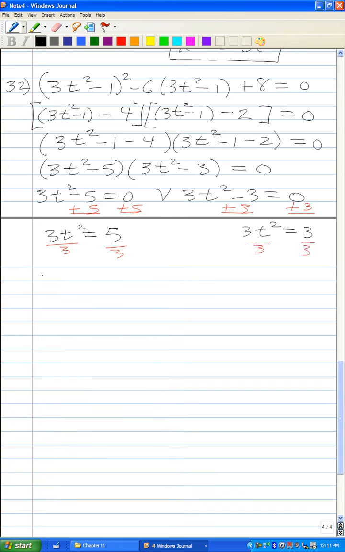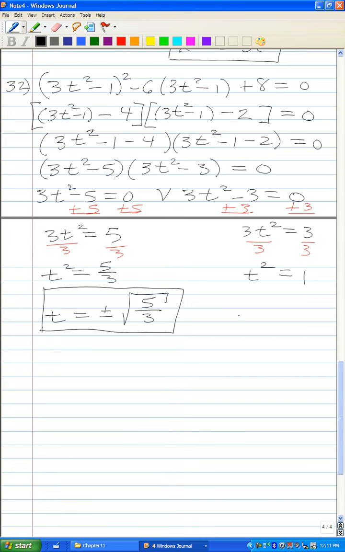So you get t squared equals 5/3, t squared equals 1. So by the square root property, t is equal to plus or minus the square root of 5/3. There's two solutions. t is equal to plus or minus square root of 1, which is 1. Here's another additional two solutions.